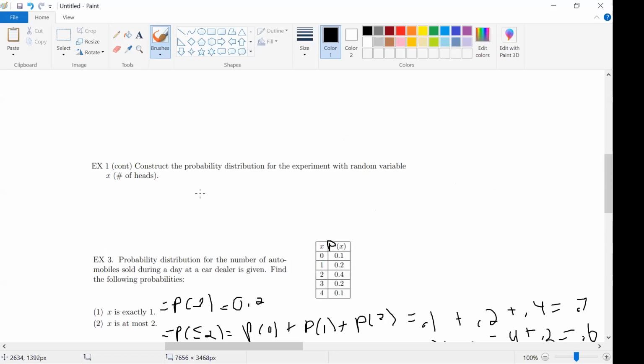I'll give you a little start. The way to start your table out is like this. This is how you start your table. So fill in the bottom row, and then we'll go over that, but that'll be pretty easy.